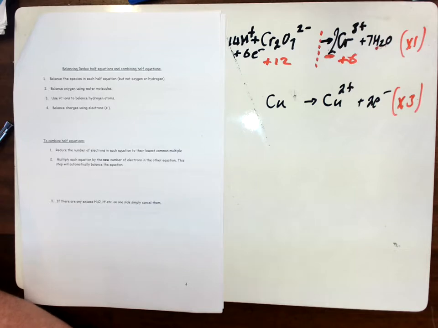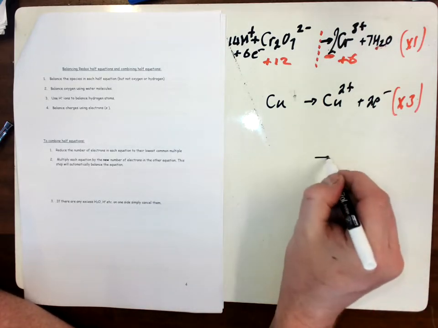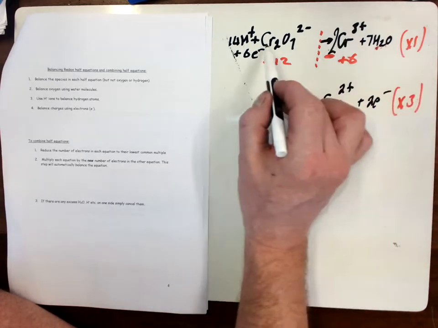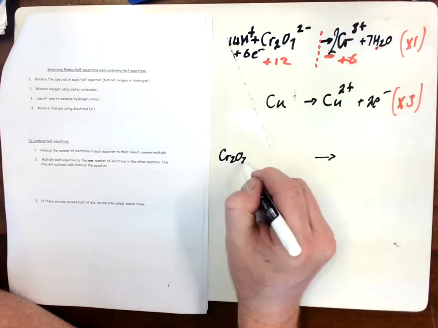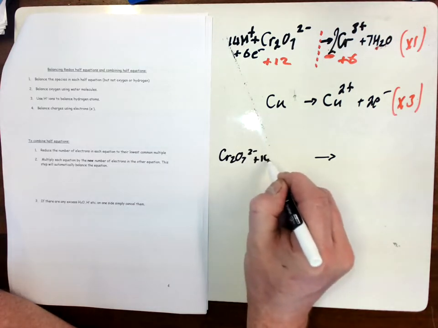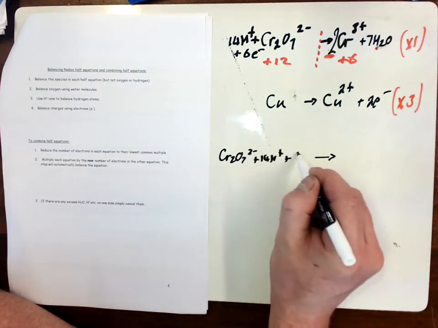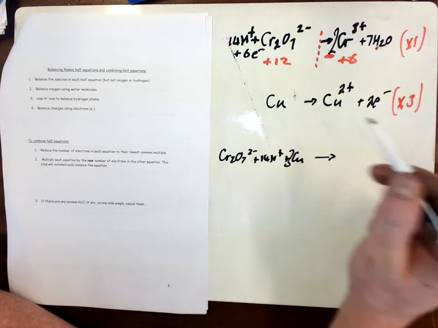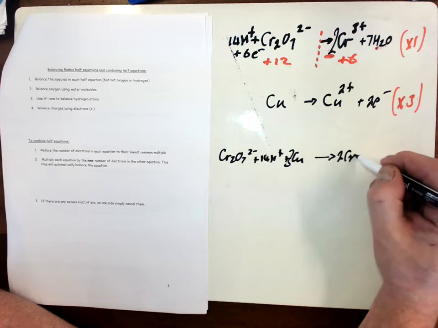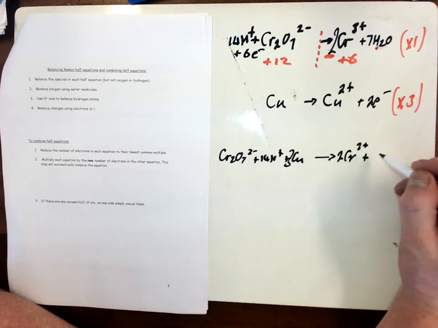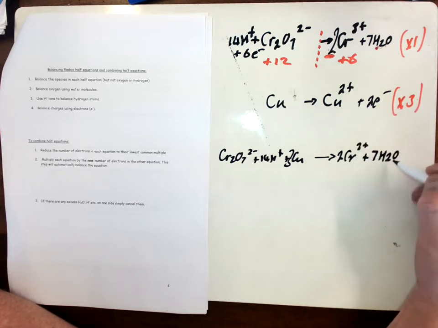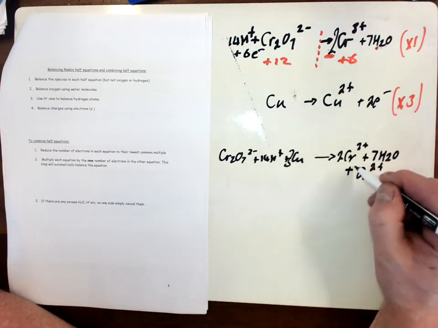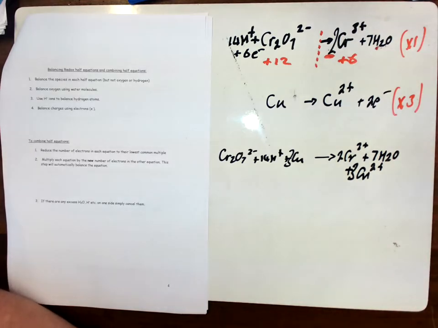Let's put our arrow down here. We have everything here multiplied by 1, so we have Cr2O7 2 minus plus 14H plus, plus 3Cu goes to 2Cr3 plus, 7 waters, plus 3 times Cu2 plus, 3 of those, and that should be it.